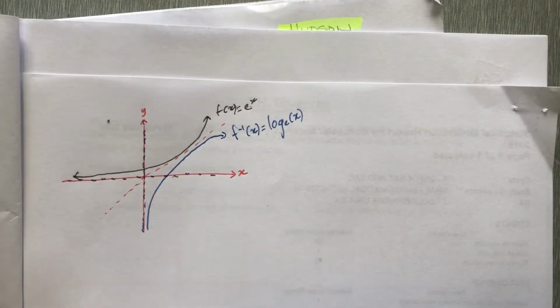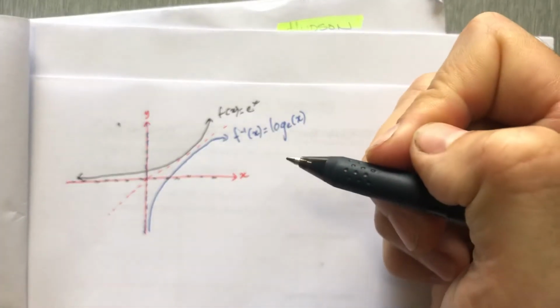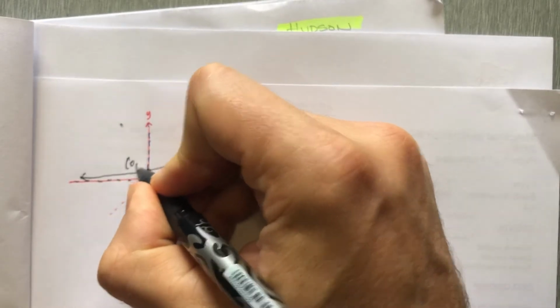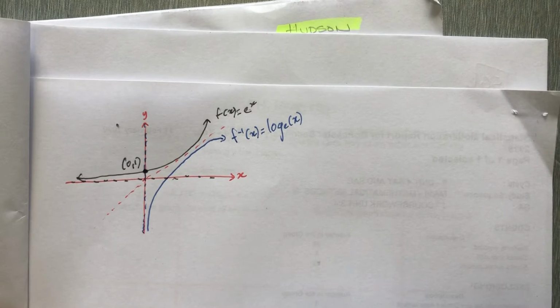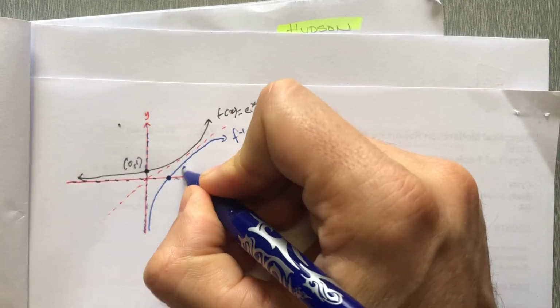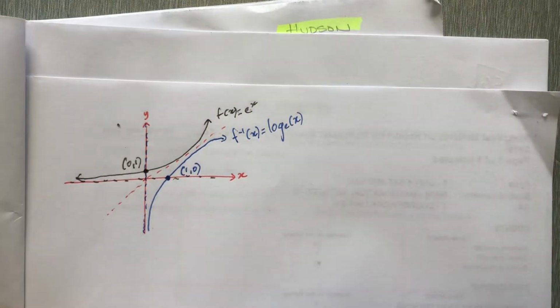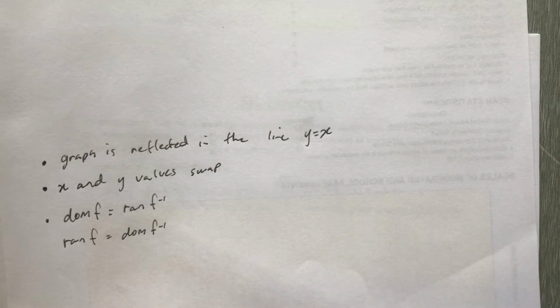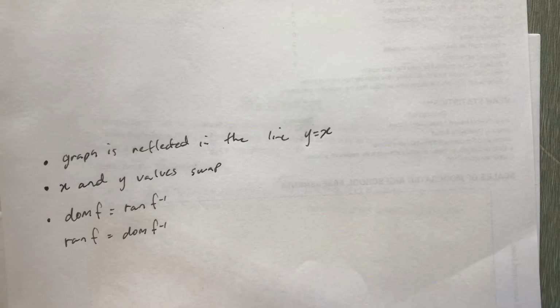If we go up here and you work it out, you'll see that the y-intercept for this one is actually 1, and the x-intercept for this one is 1 as well. So they do swap around. That's what I mean by your x and y values swap, but it's not just those specific points, it's any point along the line. They're just some special ones that can make our life a little bit easier later.